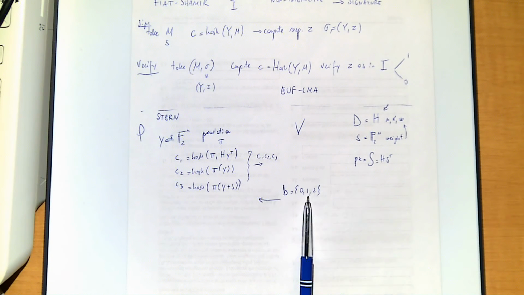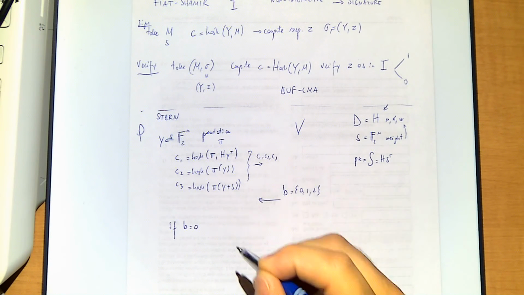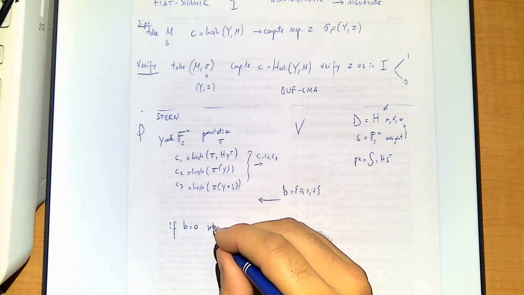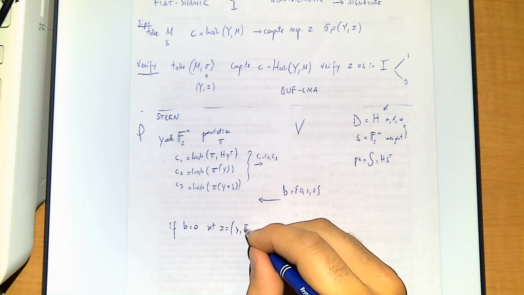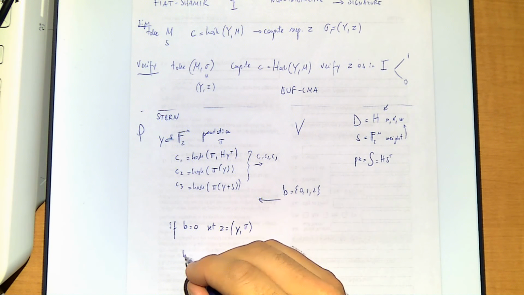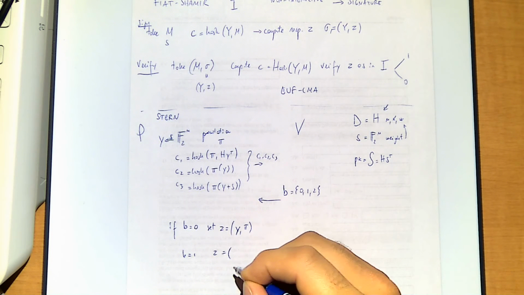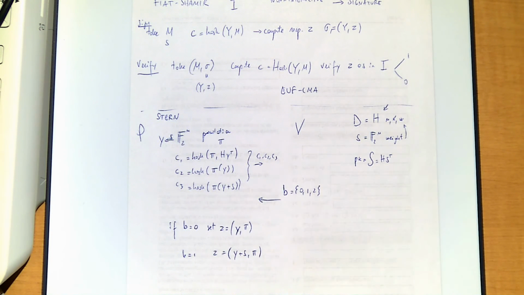With each choice, you verify 2 out of 3 of them. For example, if b is equal to 0, you set your response to be, what can you reveal safely, y and pi? So this is always like the dummy instance. If b is equal to 1, you reply with instead y plus s and pi. And if b is equal to 2, you set your response to pi of y, pi of s.